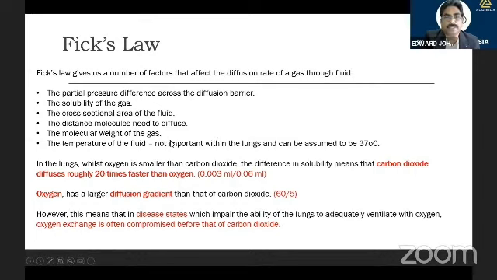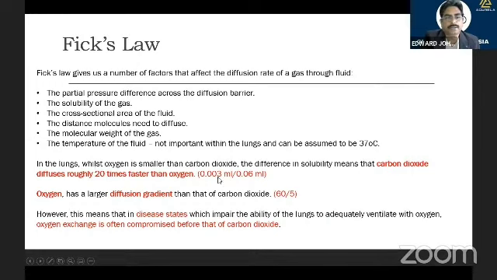Then the molecular weight of the gas. So oxygen is a small gas. It has a molecular weight of 32. 16 is the atomic weight of a single atom of oxygen. Then the temperature of the fluid, you need not worry about it because the body temperature is 37 degrees.